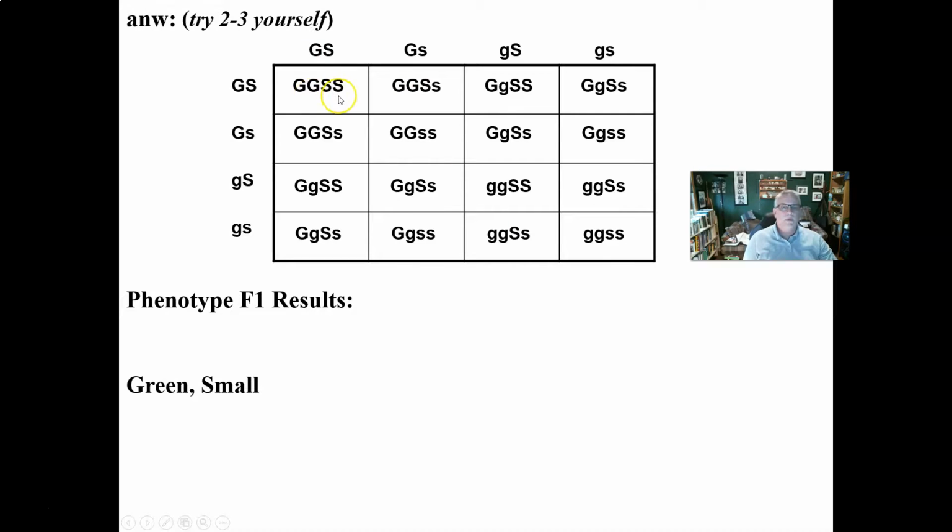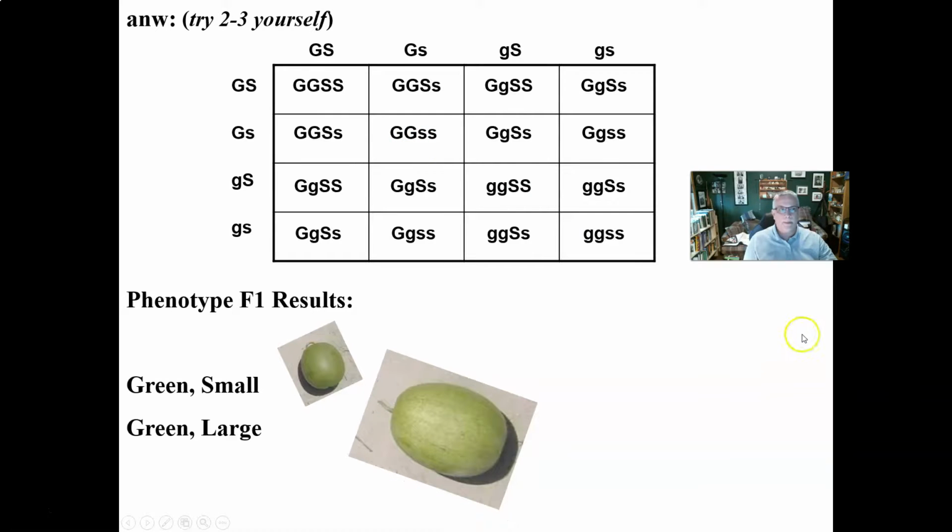And the same thing for small. Small is dominant. I know you got to think about that. If it has a big S, that means it's small. So we're going to have some of these in there. We're also going to have some green large ones in there. Here's a green large one right here. The code reads that way, like that. We're also going to have some striped small right here. Here's a striped small.